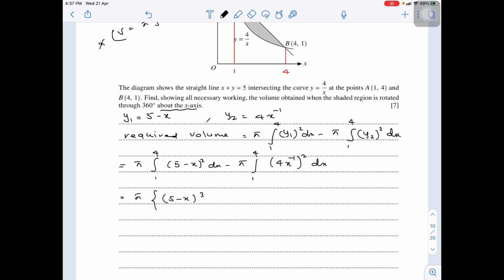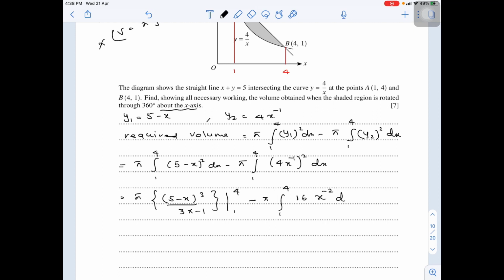All right, so that's pi integration 1 to 4 of (5 minus x) squared dx, minus pi 1 to 4 of (4x to the power negative 1) squared dx, which is pi. I can write (5 minus x) cubed over 3 times negative 1. The coefficient of x is negative 1, so I'm multiplying by negative 1, 1 to 4, minus pi. Let me simplify that.